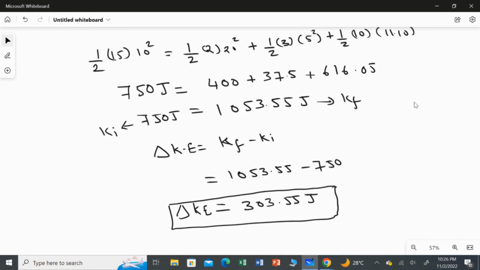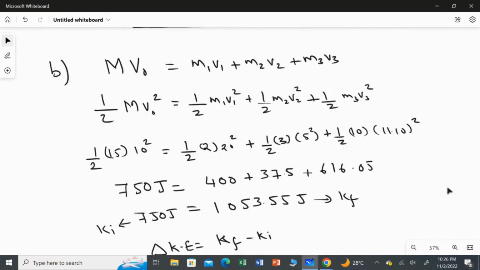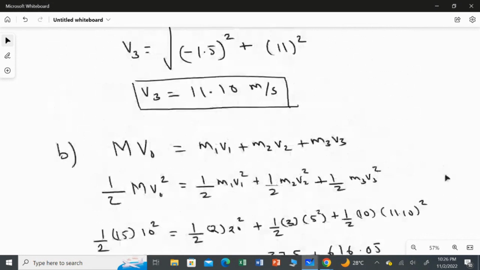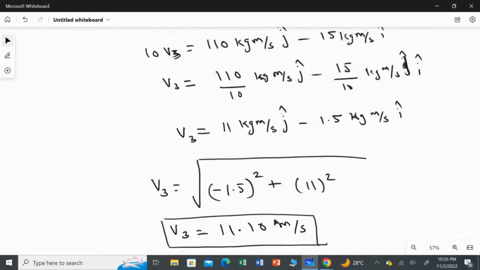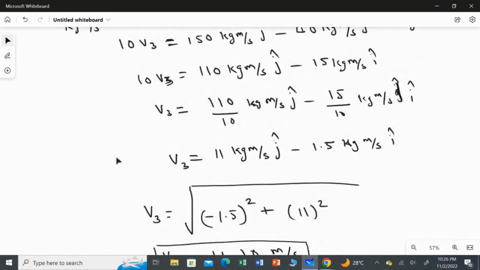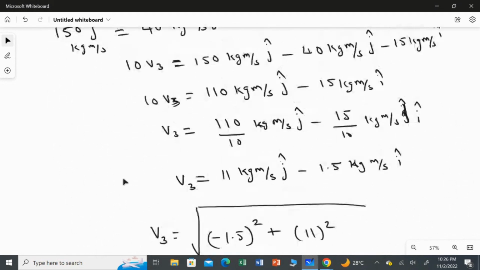Understand? When you substitute the values and calculate, you should be very careful. If you miss a single value, the final answer will be different. Also in the first part, please calculate the speed of the third particle carefully; it's very, very important. While you calculate the left hand side and the right hand side, and while arranging the equation and subtracting the same terms, be very careful.